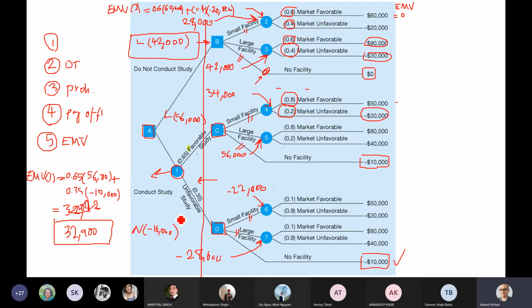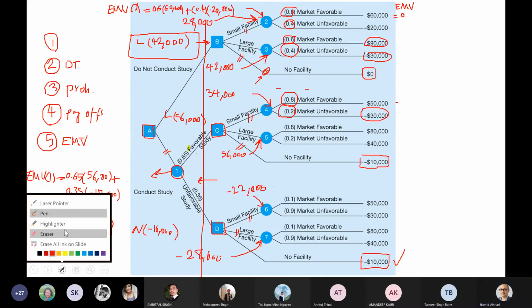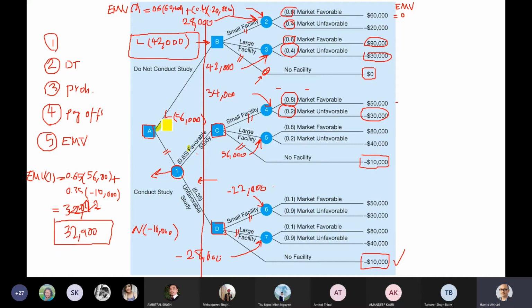And then finally here I should cut this branch. So the best option is this branch. Only one branch remains, which ends up at do not conduct any study and go for a large facility. Okay, clear for everyone?